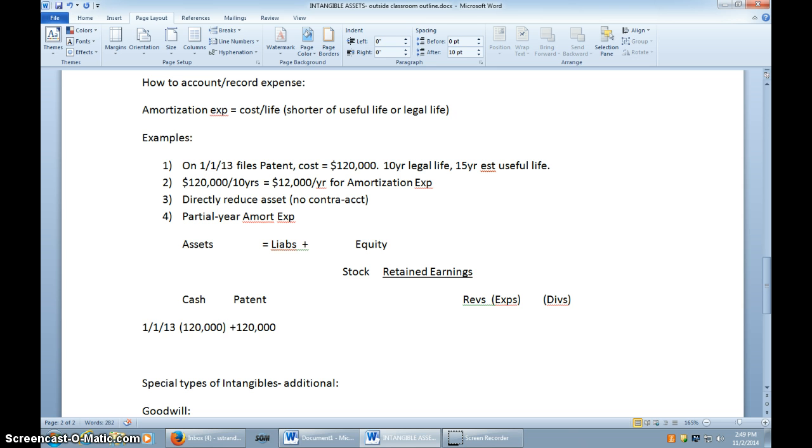When we come down to the end of the year, we've got an expense we have to recognize, which we just calculated as $12,000 for the year. So that is going to be an expense that we're going to recognize.